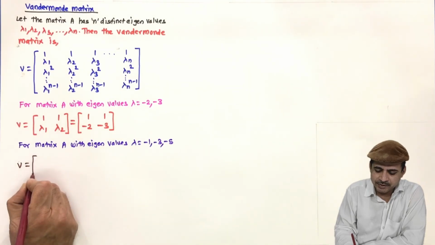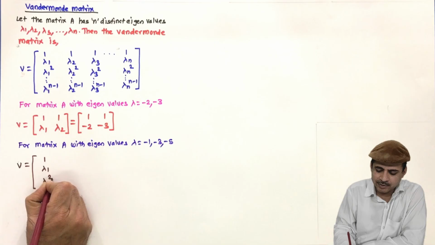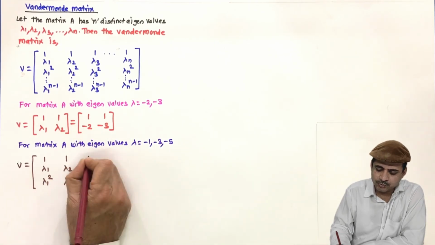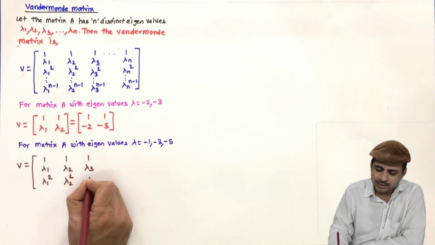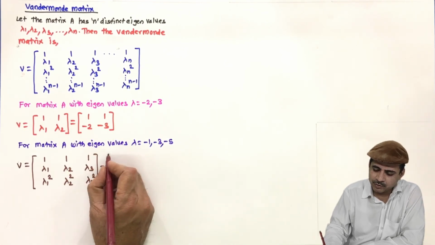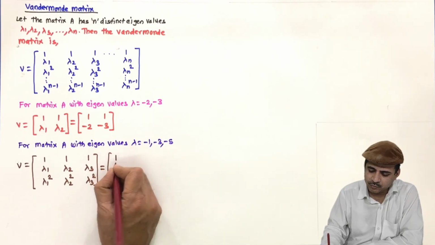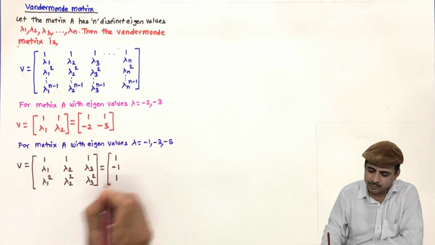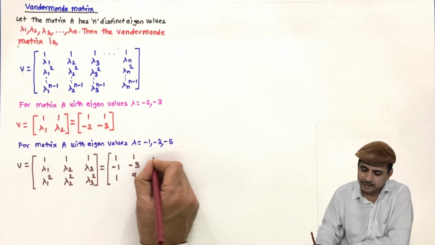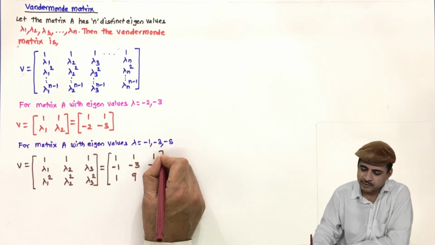V is equal to 1 lambda 1 square, 1 lambda 2 square, 1 lambda 3 square, and which will be equal to, for lambda equal to -1, 1 square of -1 is 1, -3 9, 1 -5 25.